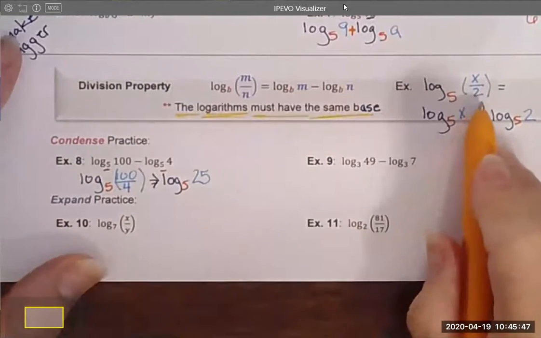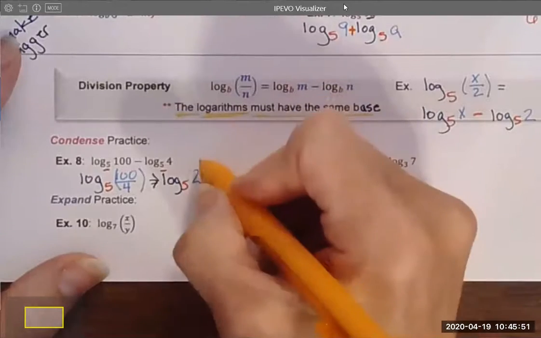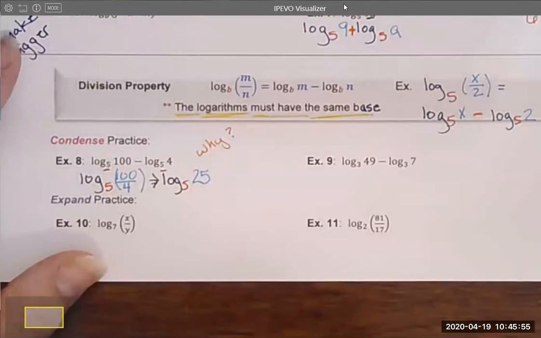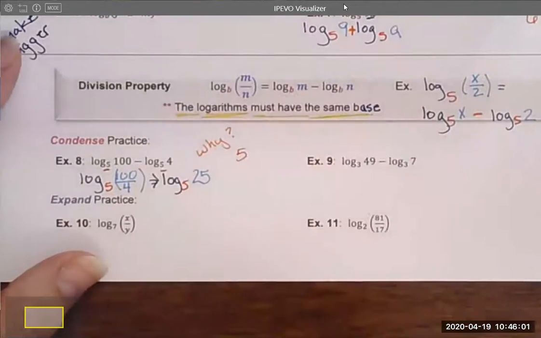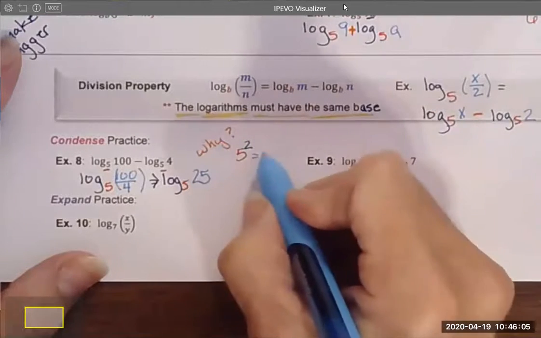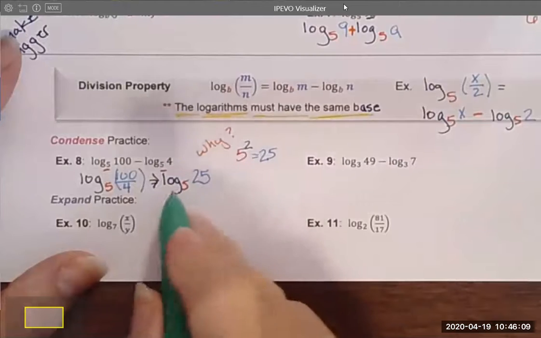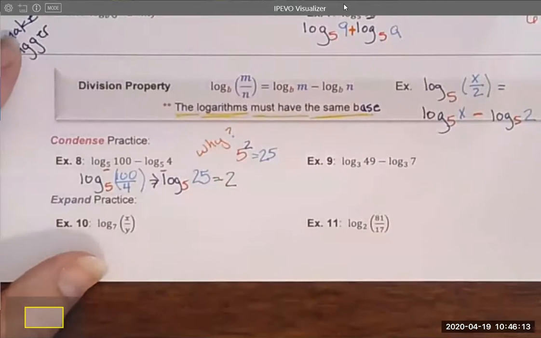We could not evaluate this statement, but we can evaluate this one because, first, before I ask why am I allowed to evaluate this one? Because I know that 5 to the second power is equal to 25. Then I am able to evaluate this log statement and say log base 5 of 25 is equal to 2.